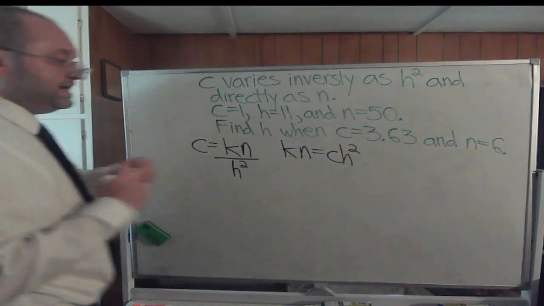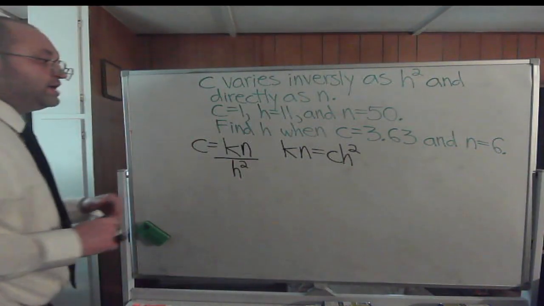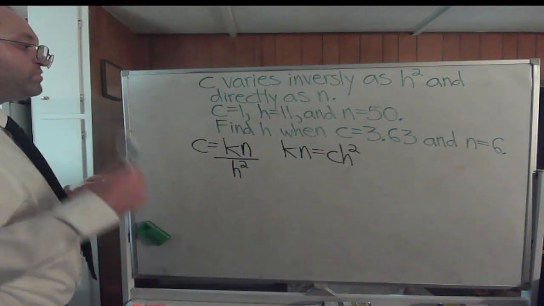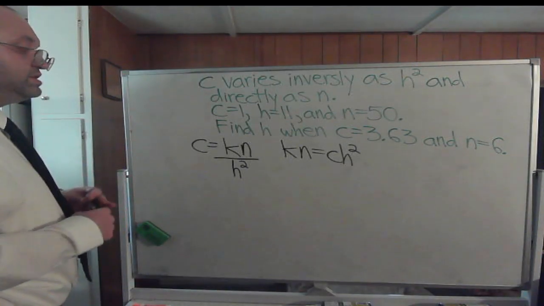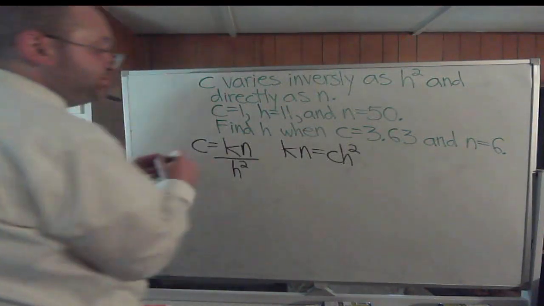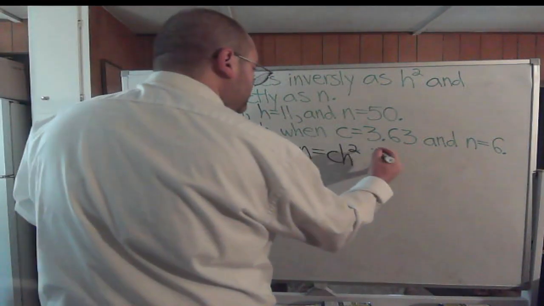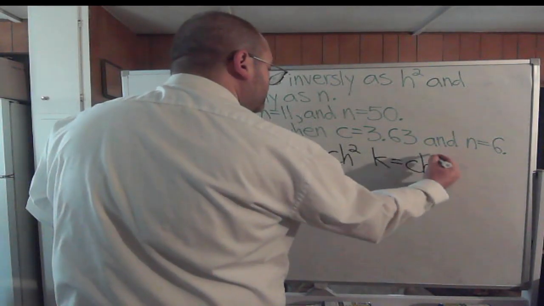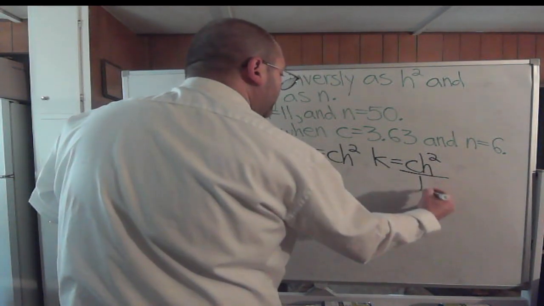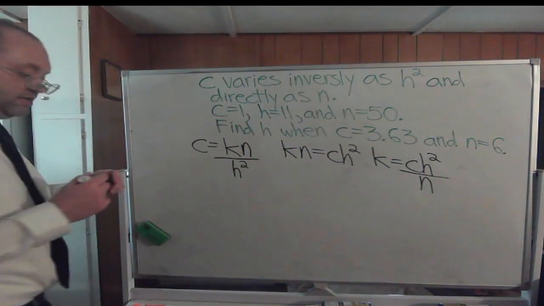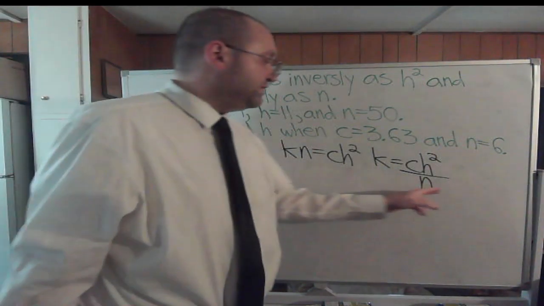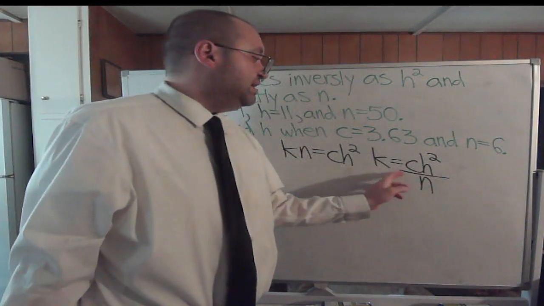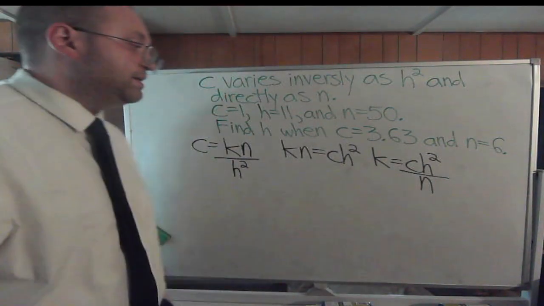So you'll have kn equals ch squared. Now, what we have to do to solve for k is just divide both sides by n. You'll end up getting k is equal to ch squared over n. That ends up being the equation for your constant of variation.